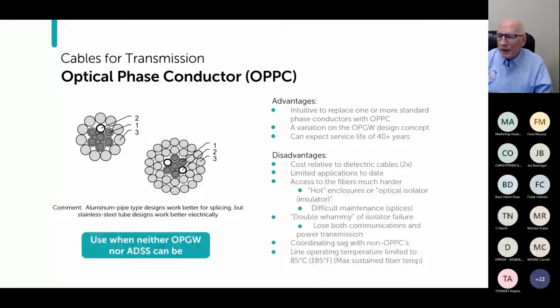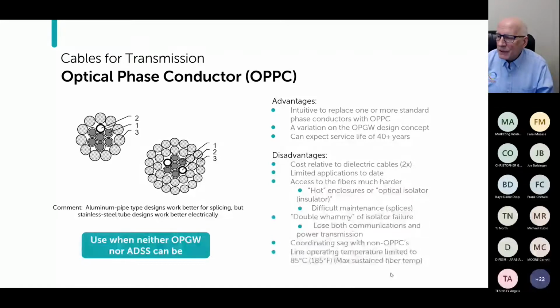And last disadvantage, and it's another big one, is your operating temperature of the line gets limited to 85 degrees C. At least in the United States, most utilities are already operating phase conductors for years and years at 100 degrees C, and we see a lot of utilities working with phase conductor temperatures 125 or even 150 degrees C, especially with some of the newer conductors such as SSAC, for example, or ACSS as it's more commonly called today.